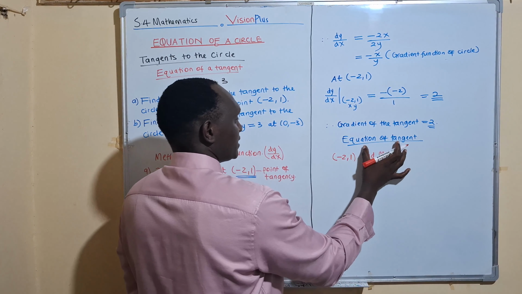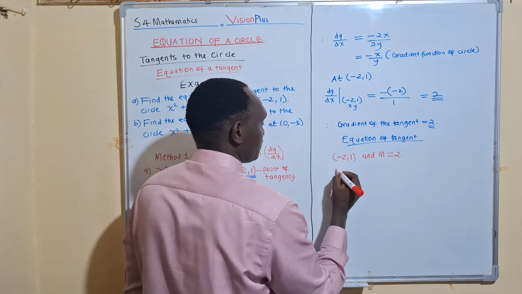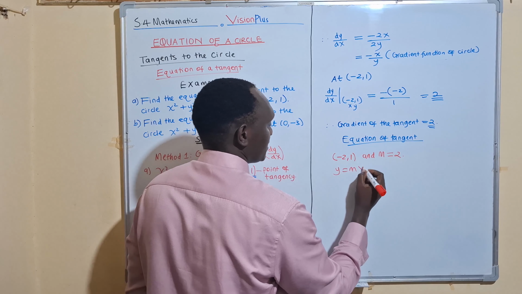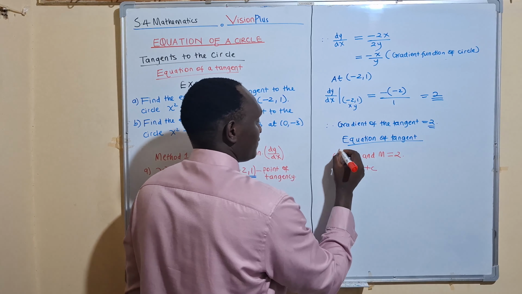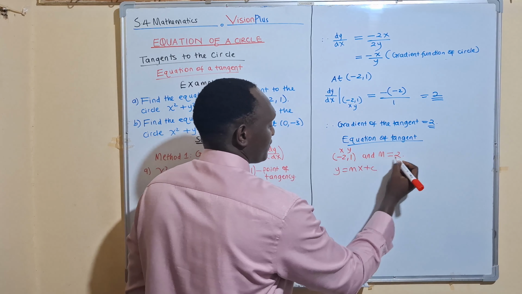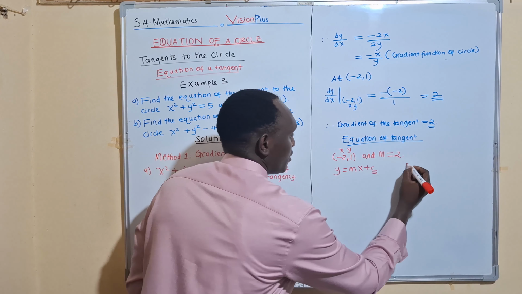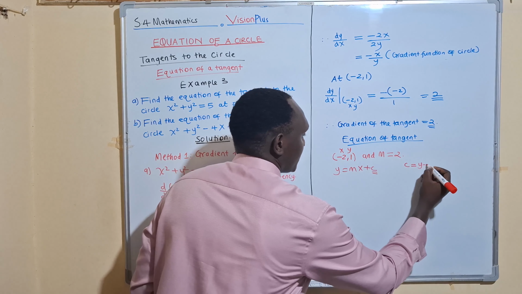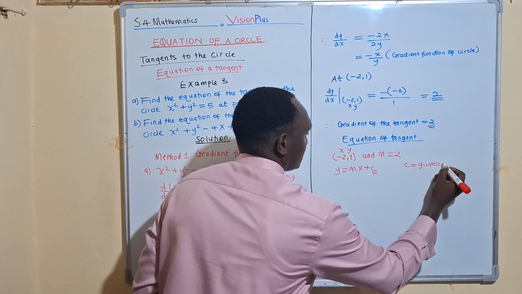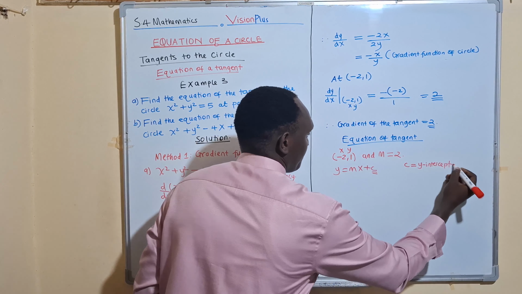Now, we know that a tangent is a line. So from y equals mx plus c, we have x here, we have y, and we have m. So we can find c, where c is the y-intercept. So we substitute 1 equals m is 2, and x is negative 2, plus c.